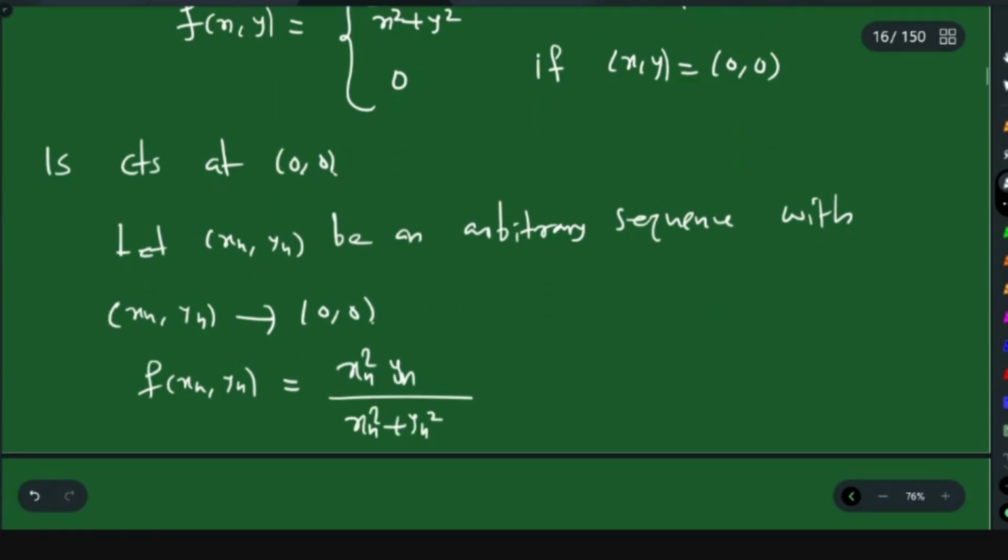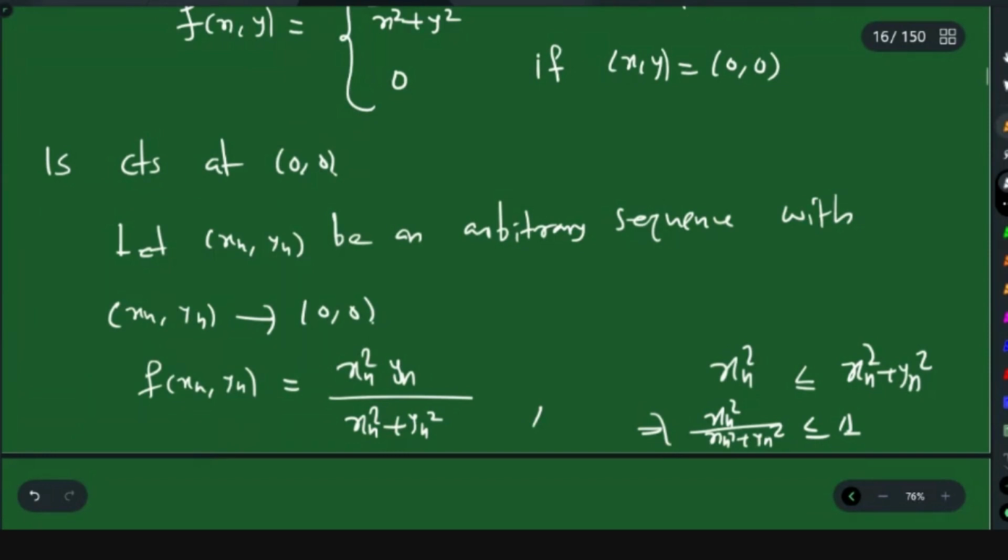Now what is the relation between xn square and xn square plus yn square? This one will be bigger, right? xn square is always less than or equal to xn square plus yn square. So xn square by xn square plus yn square is always less than or equal to 1, right?